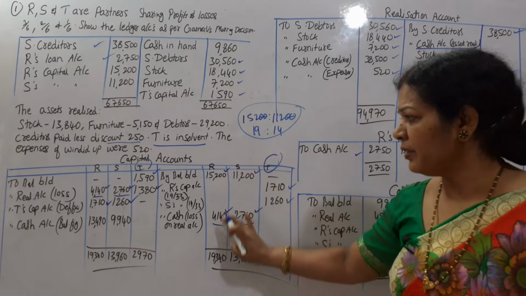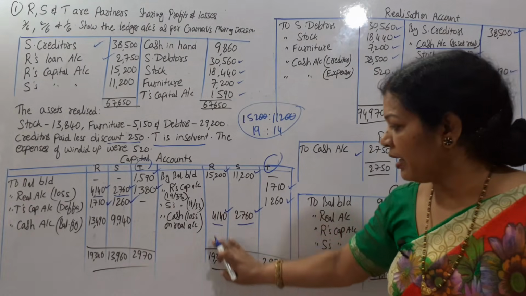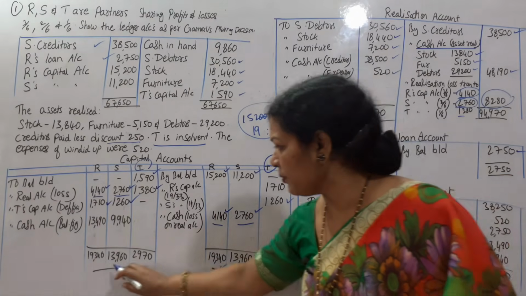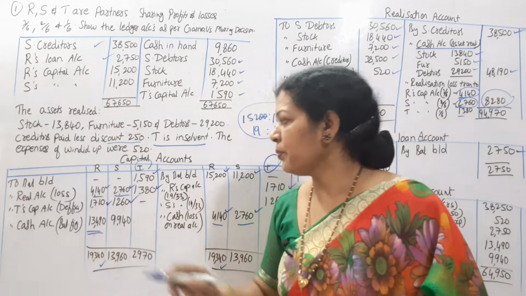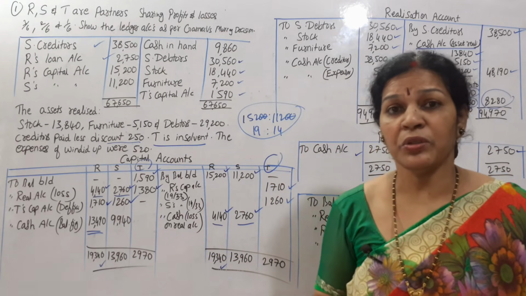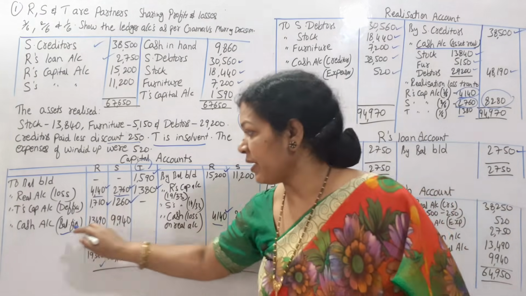If we total up, anyway, T's already we have completed. Now R's total is 19,340. 19,340 minus these two, we are getting 13,490 as the balancing figure. This he is going to bring through the cash, so we are writing to cash account. This is the balancing figure.